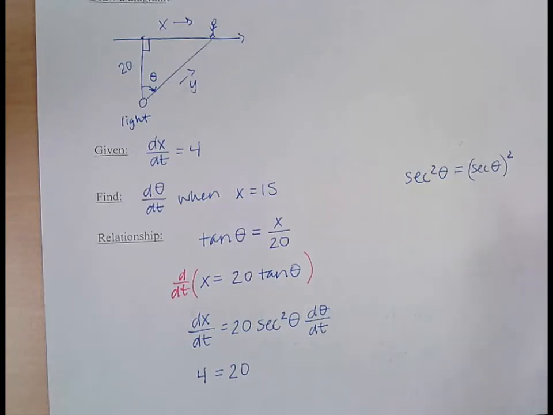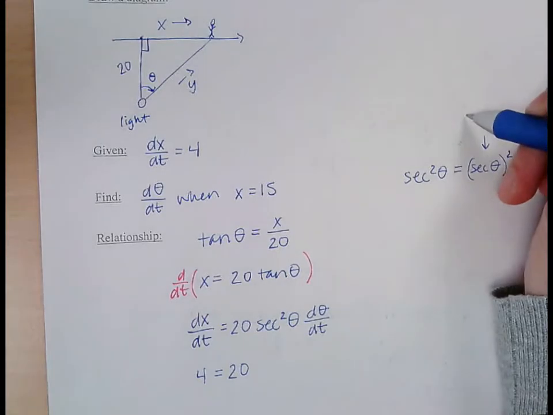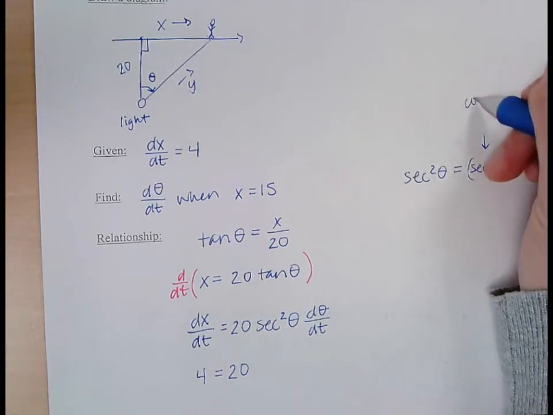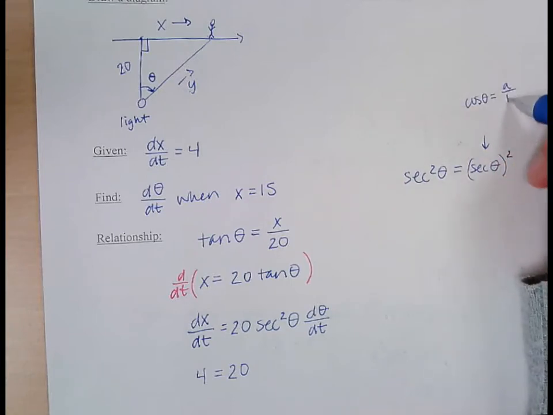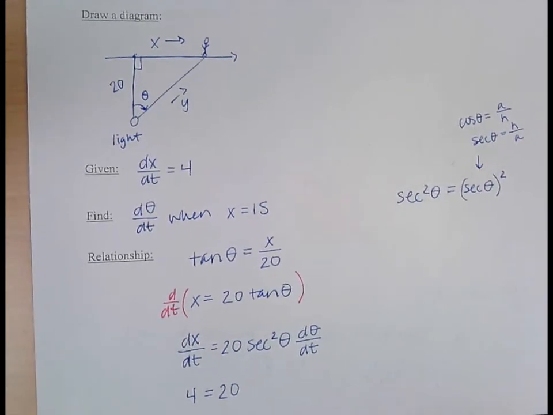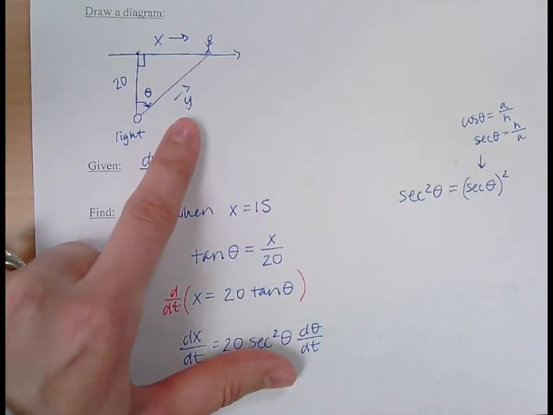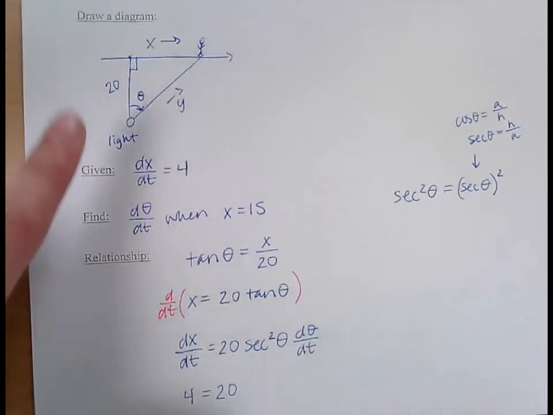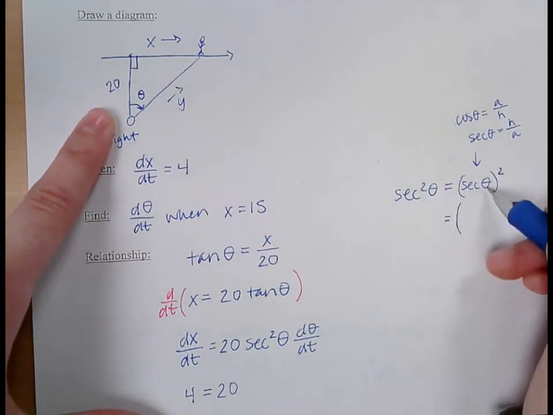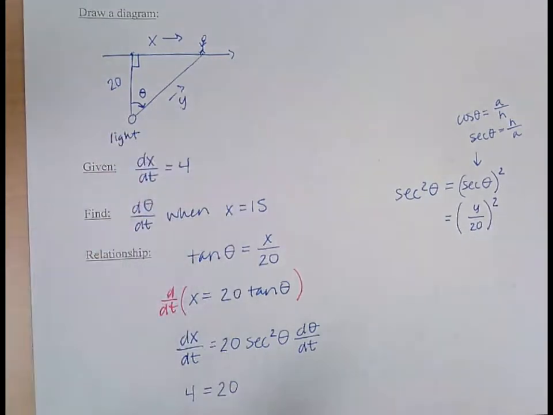It's 1 over cosine. Because cosine of theta is adjacent over hypotenuse, secant of theta is the reciprocal, hypotenuse over adjacent. The hypotenuse is y, and the adjacent is 20. So secant of theta squared is going to be y over 20, squared, but we don't know y.